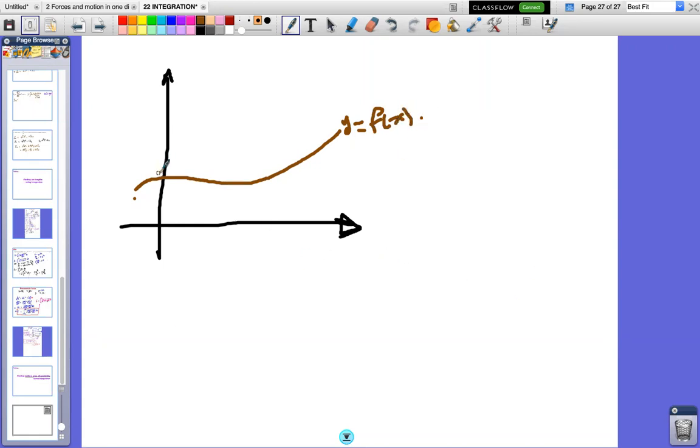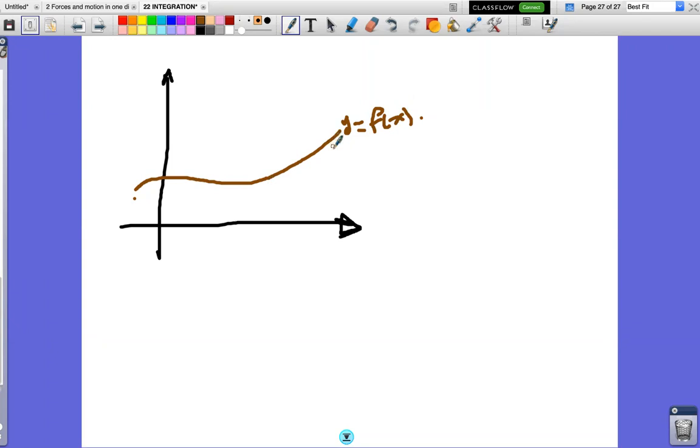We take this function and rotate it 360 degrees about the x-axis.